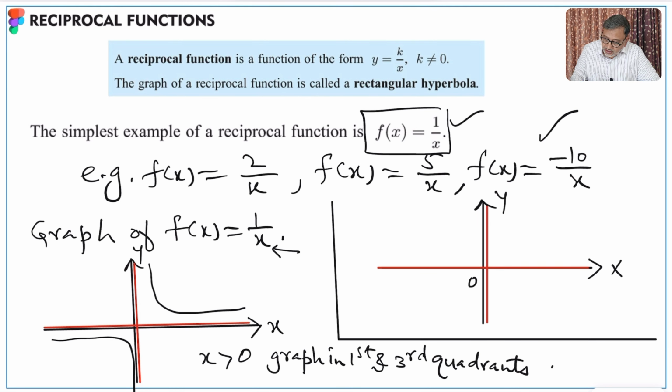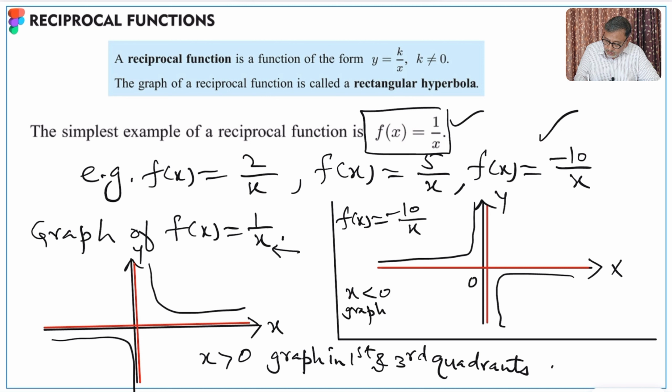So here the graph will be in the second and the fourth quadrants because x is negative. f of x is equal to negative 10 over x. So when x is less than 0, the graph is in the second and fourth quadrants.